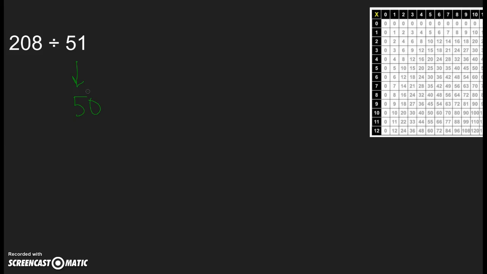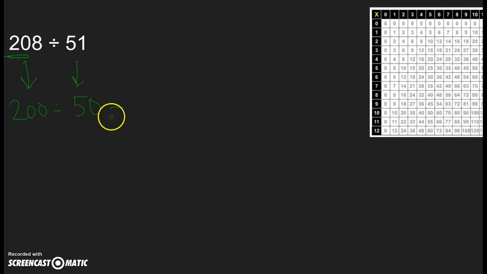Okay, well, if I start thinking about 50, my basic facts of 5, I know I can go 5, 10, 15, 20. Oh man, look at this. I have 20 tens in my dividend. So I'm going to go ahead and round this to 200. So I now have 200 divided by 50.